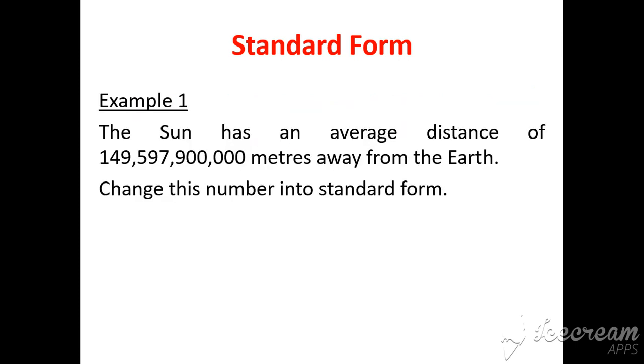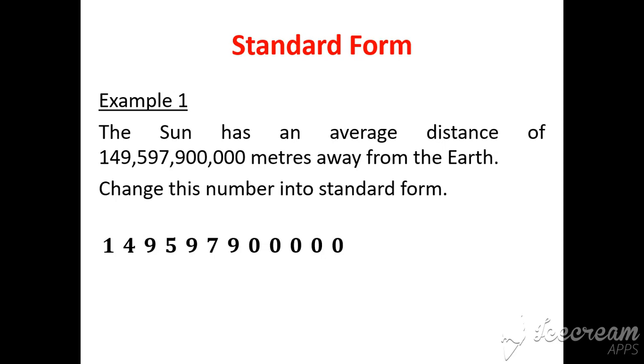Right, well, let's look at this example. The sun has an average distance of 149,597,900,000 meters away from the Earth. We're going to change this number into standard form.